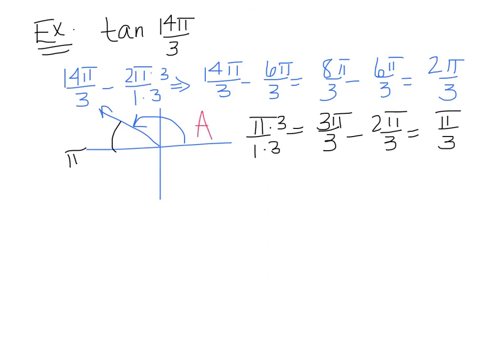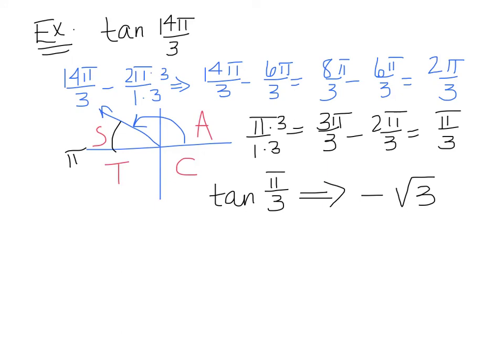Don't forget to do A, S, T, C. So we're actually finding tangent of pi over 3. And we know from our first quadrant we have that. Actually, we just found it, which was the square root of 3. And since we are in quadrant 2, tangent is negative. And that would be your answer.